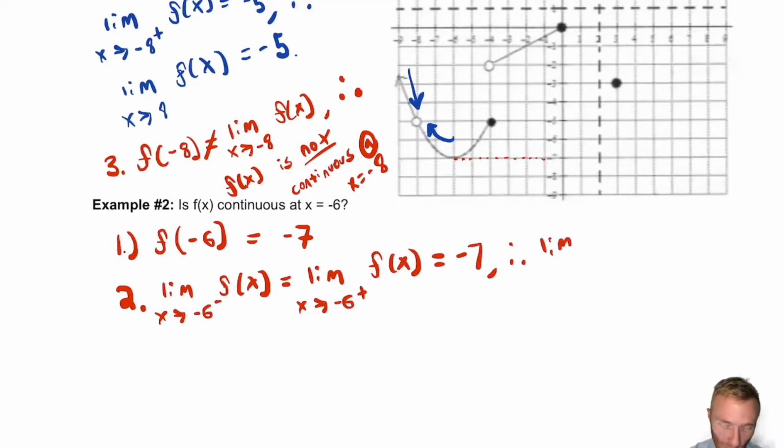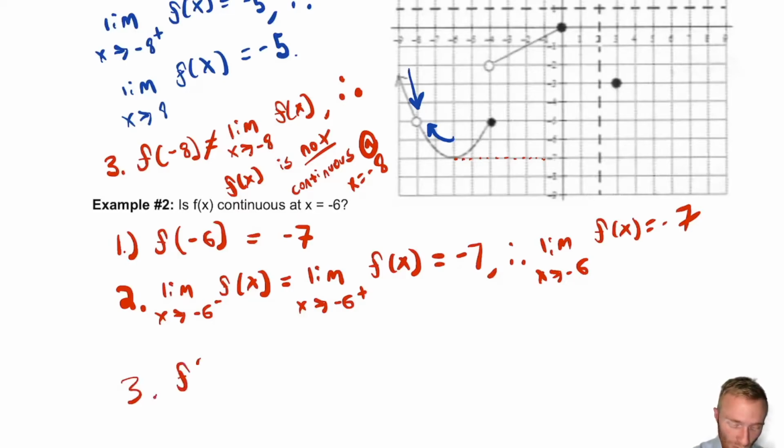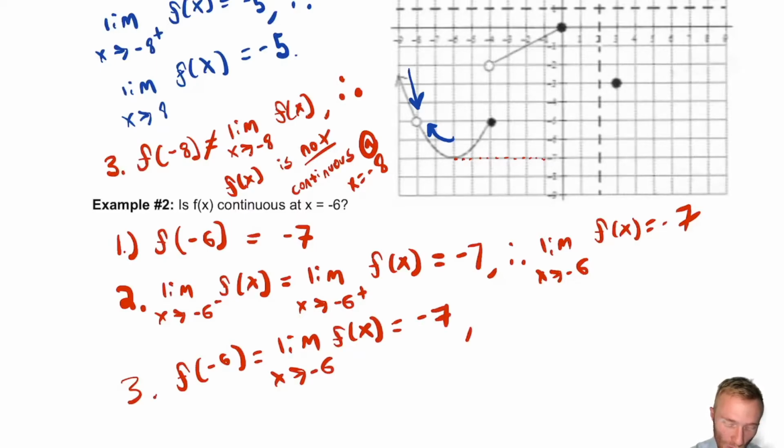Therefore, the limit as x approaches -6 of f of x equals -7. And finally, step 3, proving continuity. f of -6 equals the limit as x approaches -6 of f of x, which equals -7.